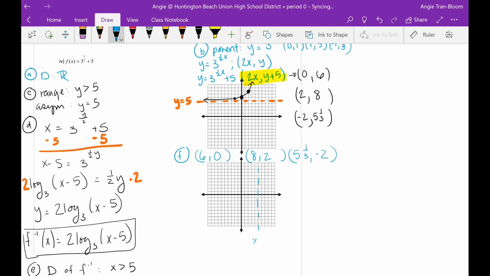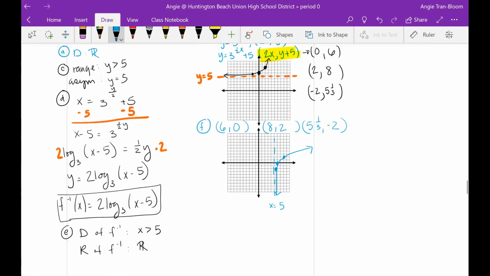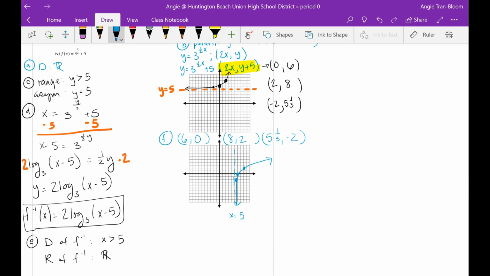It's my asymptote. All right, 6, 0, 8, 2, 5 1/3, -2. Plot those dots, connect them, try not to touch the asymptote, and that's how it's supposed to be. All right, this is the end of example 4.